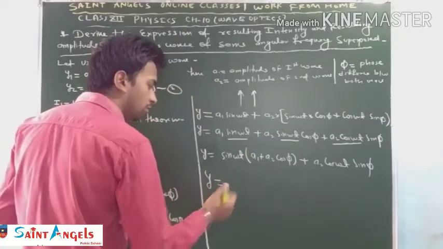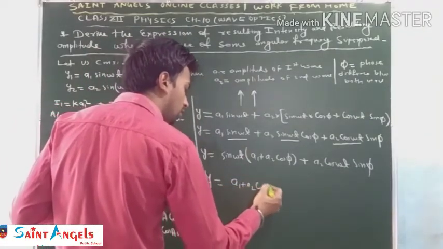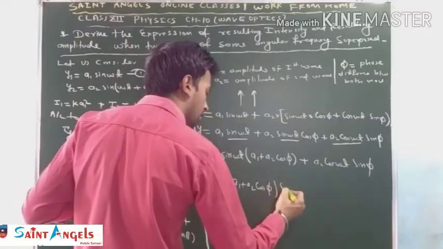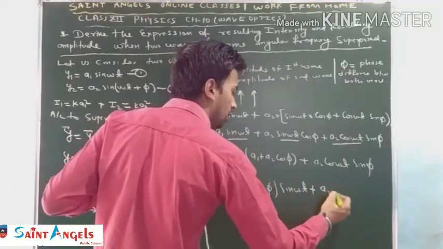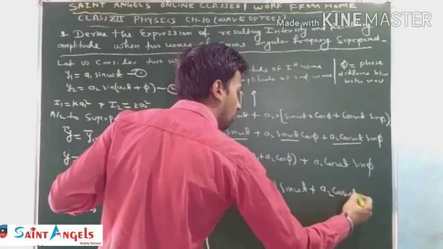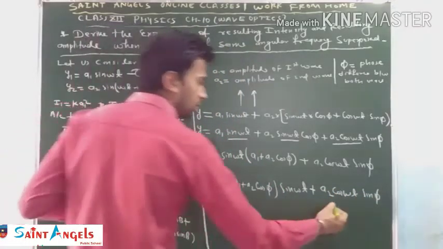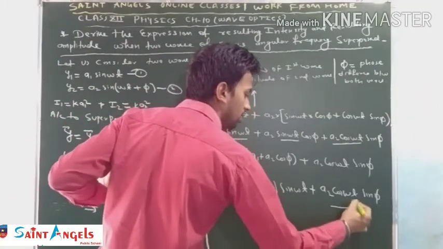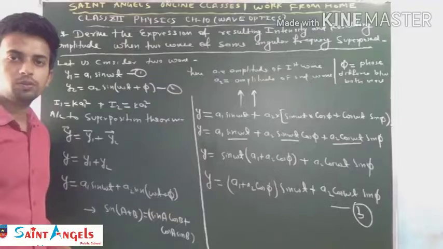Hence y equal to (a1 plus a2 cos phi) sin omega t plus a2 cos omega t sin phi. Consider this equation three. Student, please pause the video and note it in your notebook.